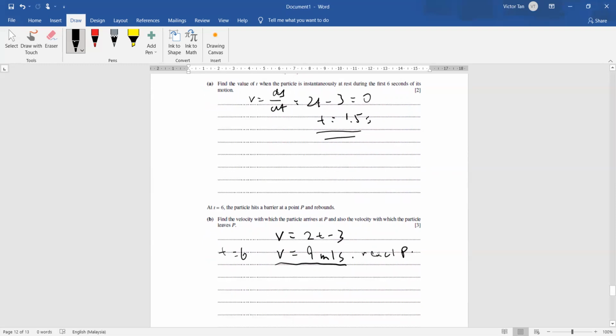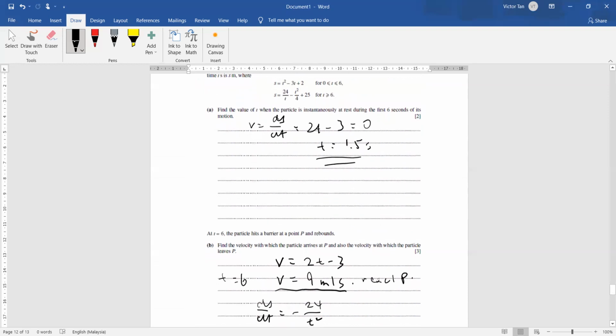So for the second equation, ds over dt equals minus 24 over t squared minus t over 2. So this is for when t is larger than or equal to 6.